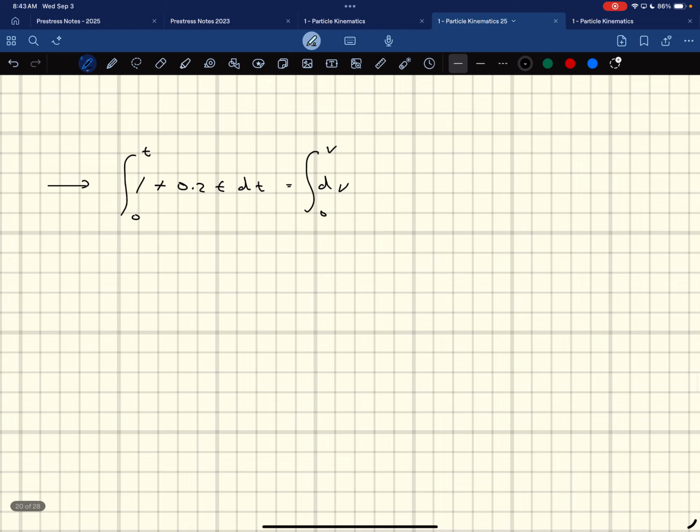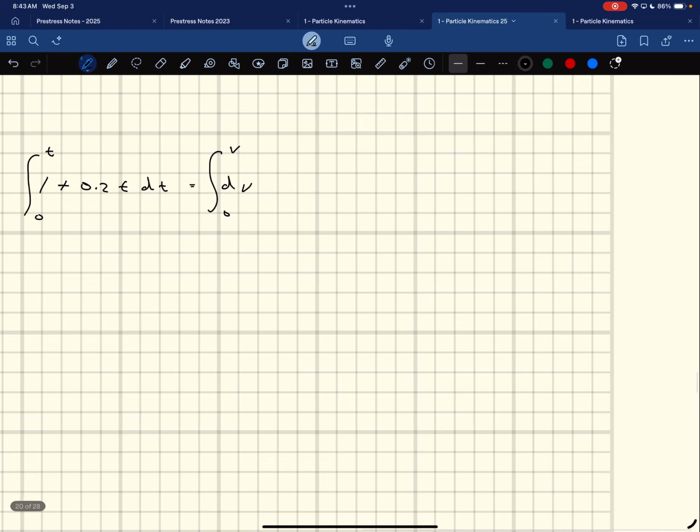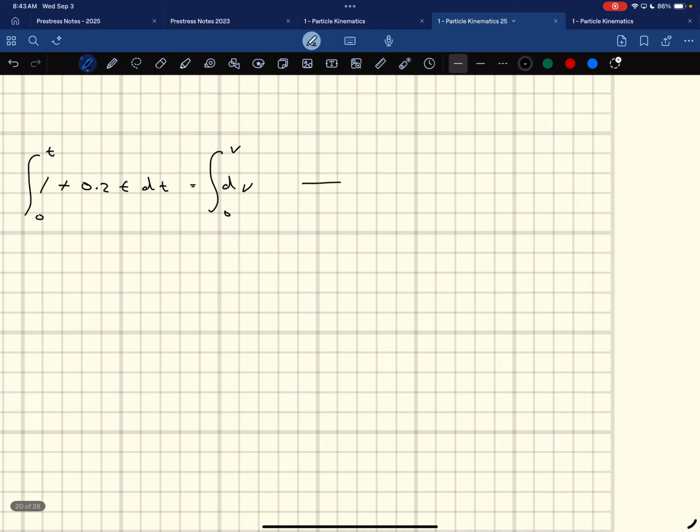Now I'm going to carry out the integration on both sides. This is going to be equal to t plus 0.1t squared, that's just the integral of this, and that'll be equal to v.